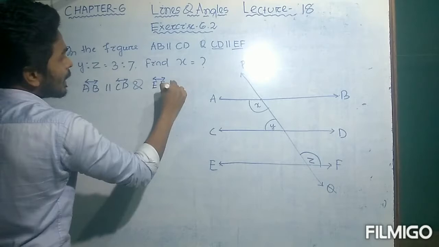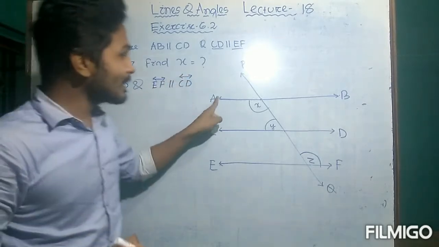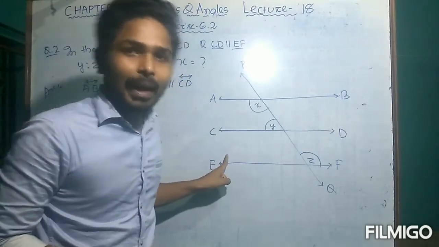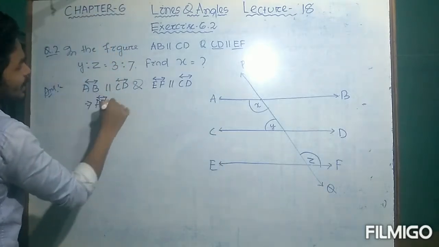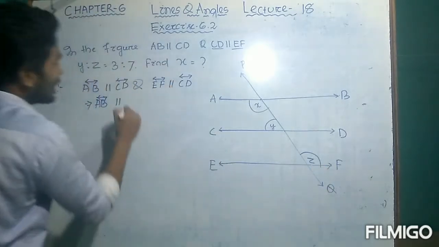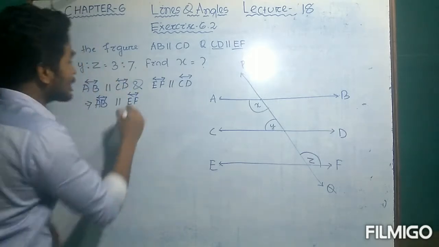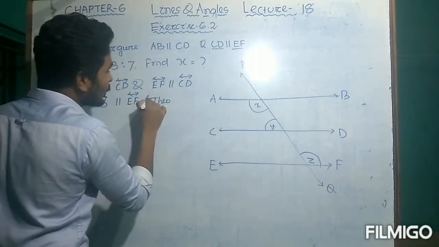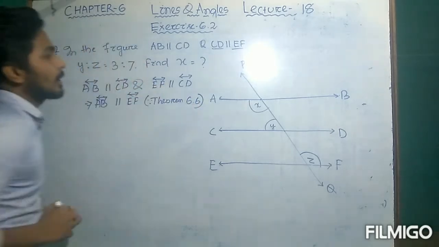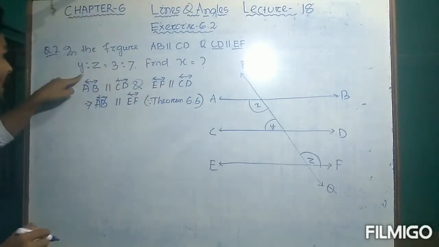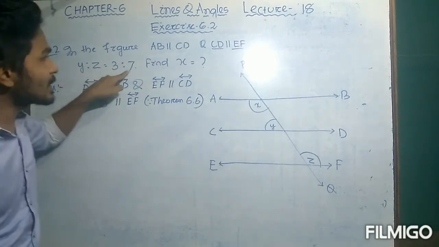EF is parallel to CD. So then we can write that these two lines will be parallel to each other. So AB is parallel to EF. Understood? This is due to theorem 6.6.